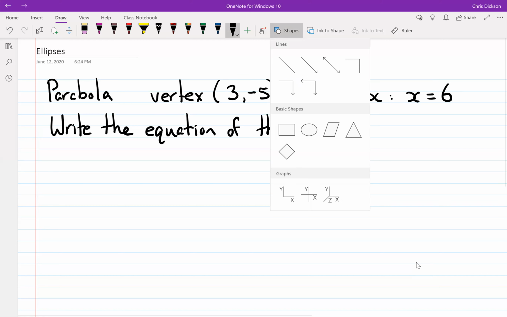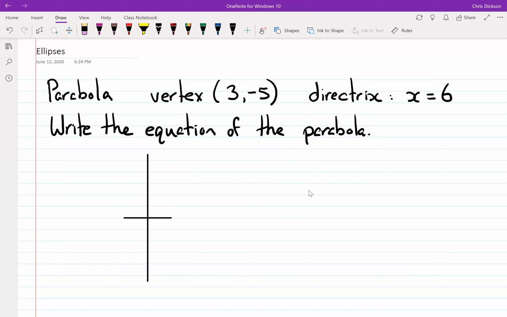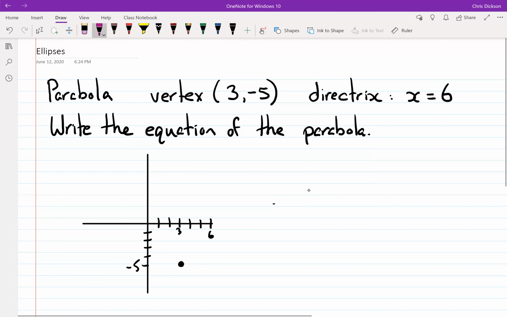So I'm going to do a real rough graph here. And so I know I go over 1, 2, 3, and down 1, 2, 3, 4, 5, and that's where the vertex is. Okay, and then the directrix is at x equals 6. So there's 6. If I was to draw the line x equals 6, that's supposed to be the directrix.